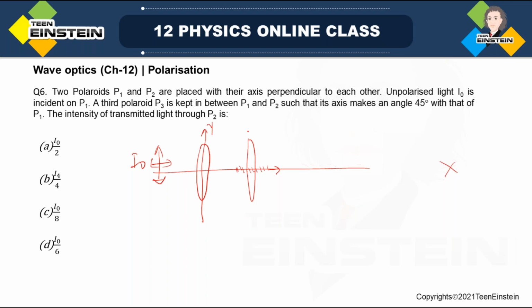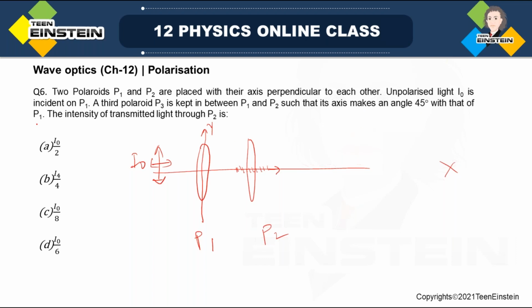So let us first see what is given. This is P1, this is P2. Another polaroid P3 is kept between P1 and P2 such that it makes an angle 45 degree.